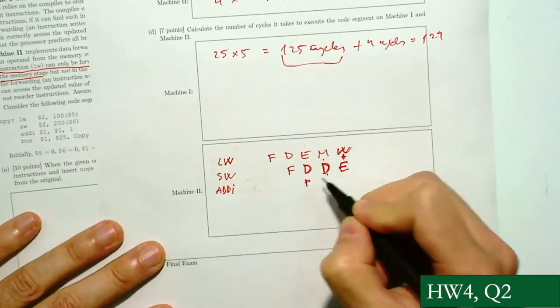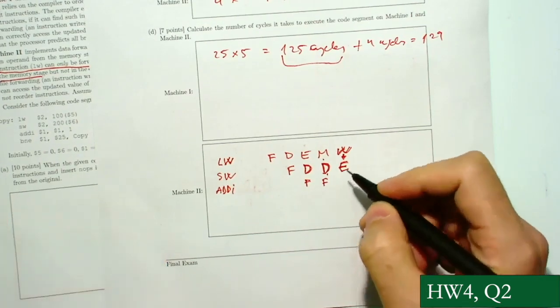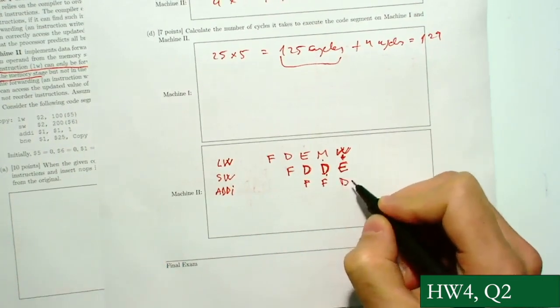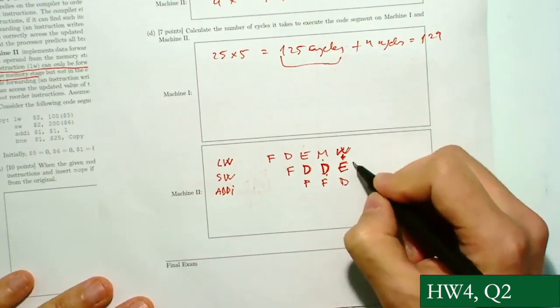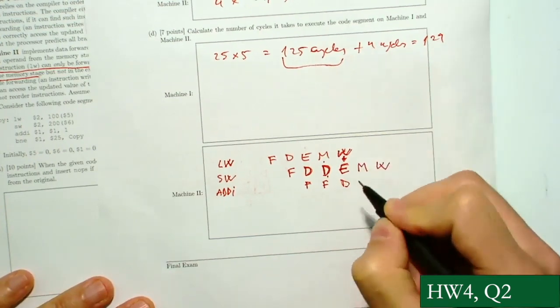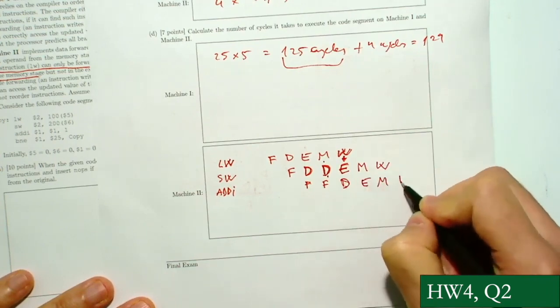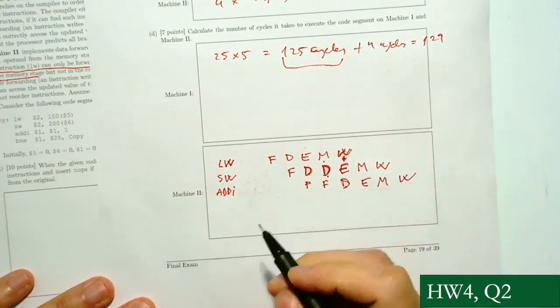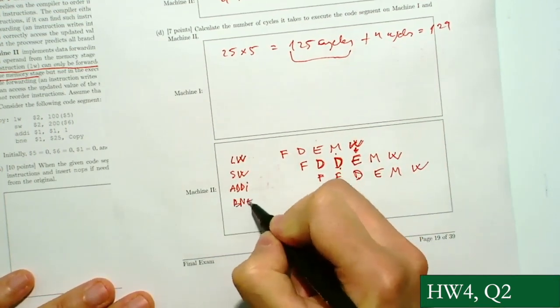Basically, we fetch the addition. We have to wait because the decode stage is occupied. And then decode. Well, here I missed the other stages. Decode, execute, memory, write back. And then the last instruction is the branch.